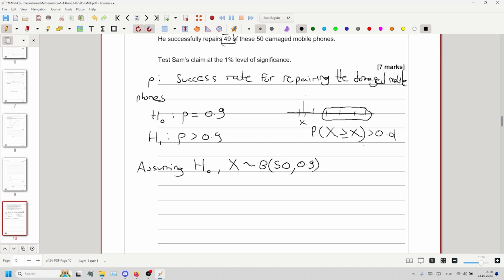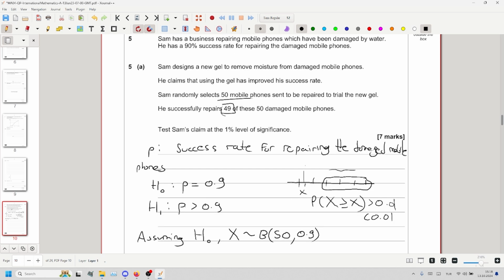If it is less than 0.01, then it's going to be in the critical region. So let's test this. It's going to be the probability that our test statistic x is greater than or equal to our test value, which is 49.